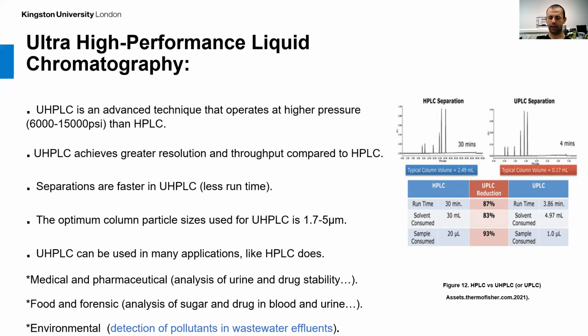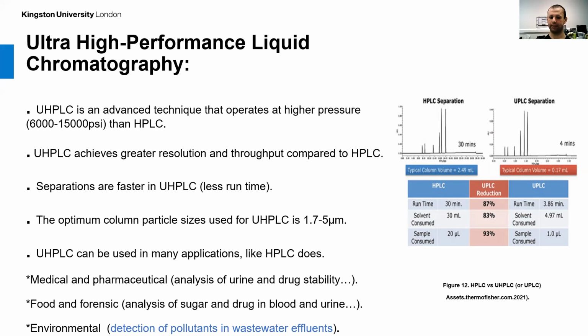UHPLC achieves greater resolution, and separations are faster compared to HPLC. The optimum column particle size used for UHPLC is between 1.7 to 5 micrometer.